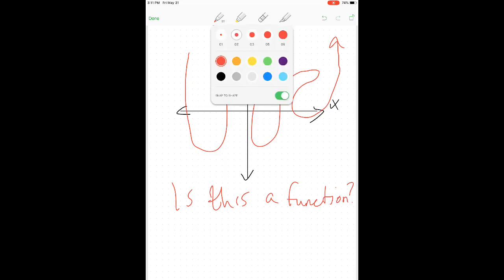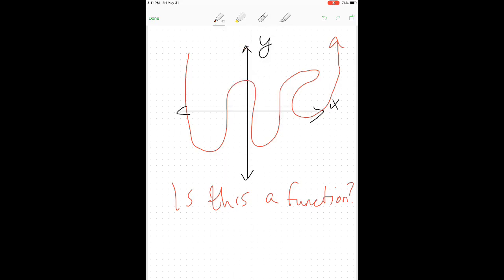If we just think back to, well, any point on this graph we can call some point x comma y, right? It has some x value and some y value. If I want this to be a function, well, that means for every x value, I can only have one y value. Let's say I pick this point here and this point here.